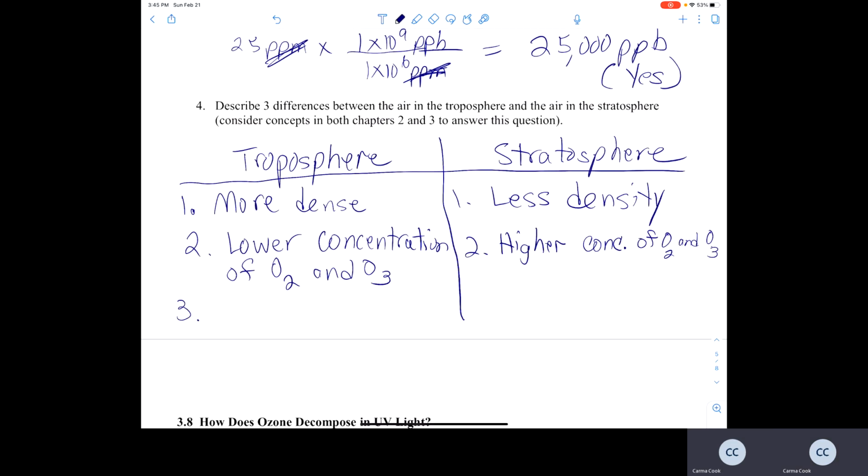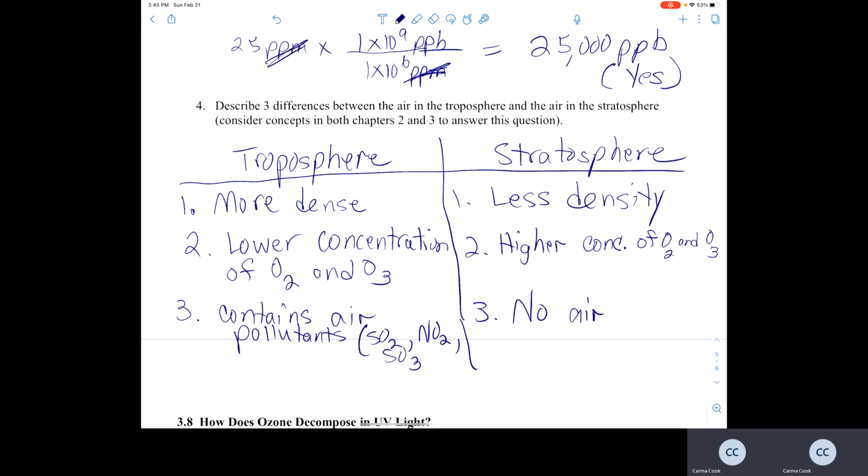And then a third comparison, the troposphere contains air pollutants. Stuff like SO2, NO2, SO3, but the stratosphere contains no air pollutants.